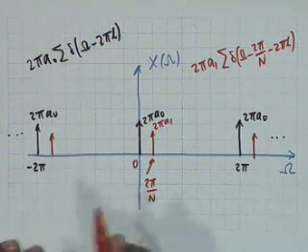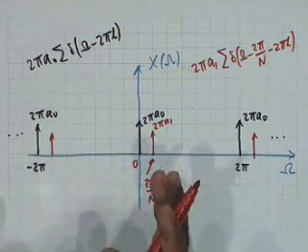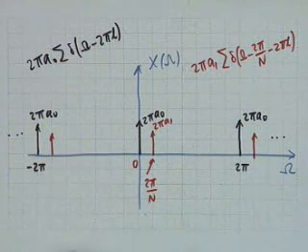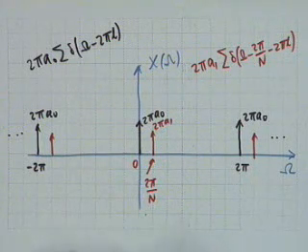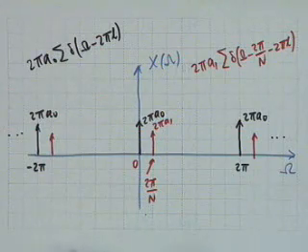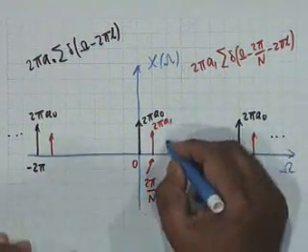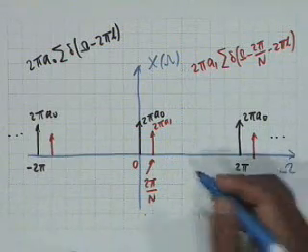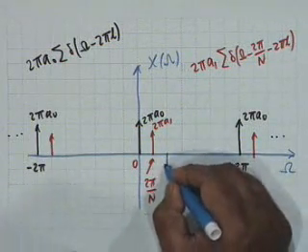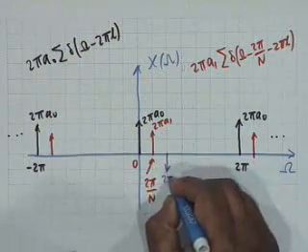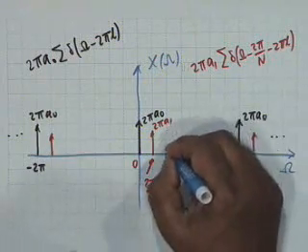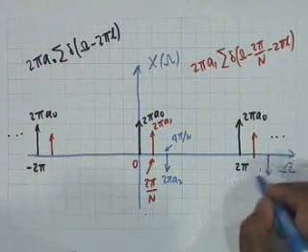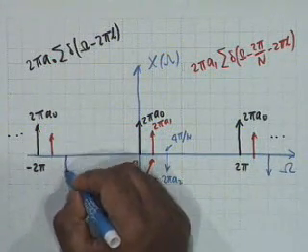Similarly, if I take the second term, then it is shifted to the right by 4 pi by n, and therefore I shall have arrows here. Let's say, to bring variety into experience, let's suppose a2 is negative, all right. Then I shall have a 2 pi a2 here, where this is 4 pi by n, I shall have a 2 pi a2 here.